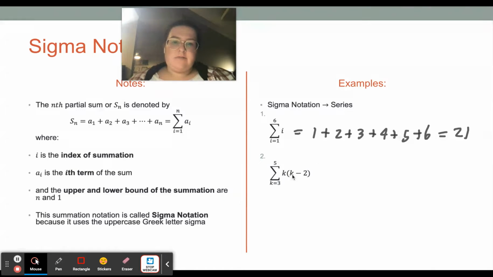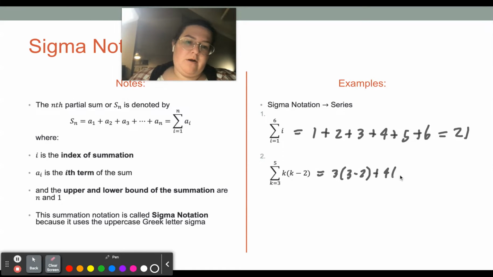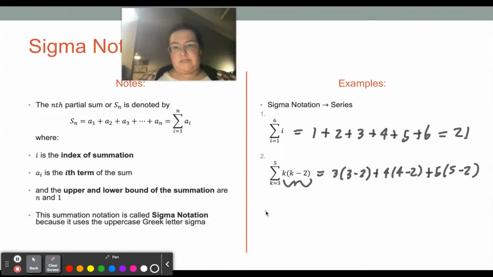Okay, so this next one, you can see your variable is k, you start at 3, and then you go to 5. Then you plug in 3, that's 3 minus 2, then plug in 4, 4 minus 2, then plug in 5, 5 minus 2, right? So this is your formula, and then you plug in the numbers 3 through 5.